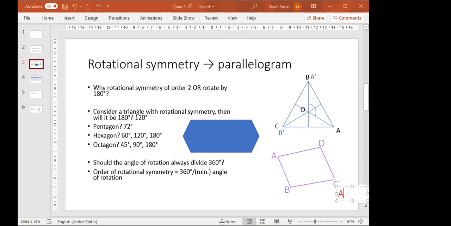Now, if you rotate it by 180 degrees, then I'm going to change color and show where things will be. So this will be the image of A. This is where A is going to come, and this is where C is going to come. Similarly, this is where D is going to come, and this is where B is going to come, right? So then you can show that AD is the same as BC, and you can show that AB is the same as DC, and therefore opposite sides are equal.